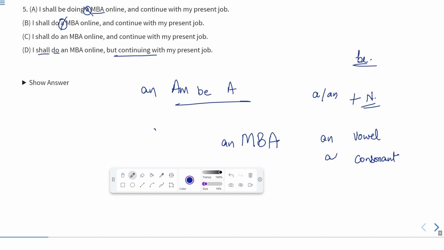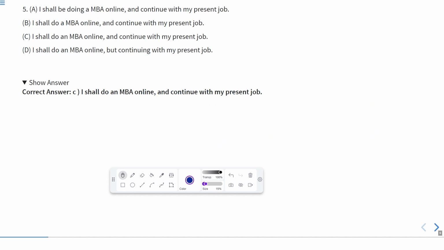If we are writing I shall do an MBA online, we have to look for the first form of the verb in the second clause as well. Therefore this D sentence is also incorrect. So C sentence is absolutely correct according to grammar: I shall do an MBA online and continue with my present job. Therefore C is the correct sentence.